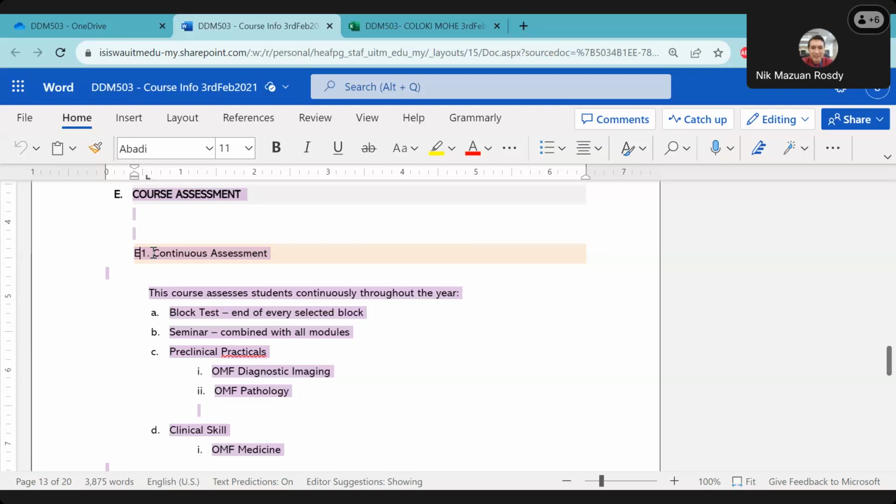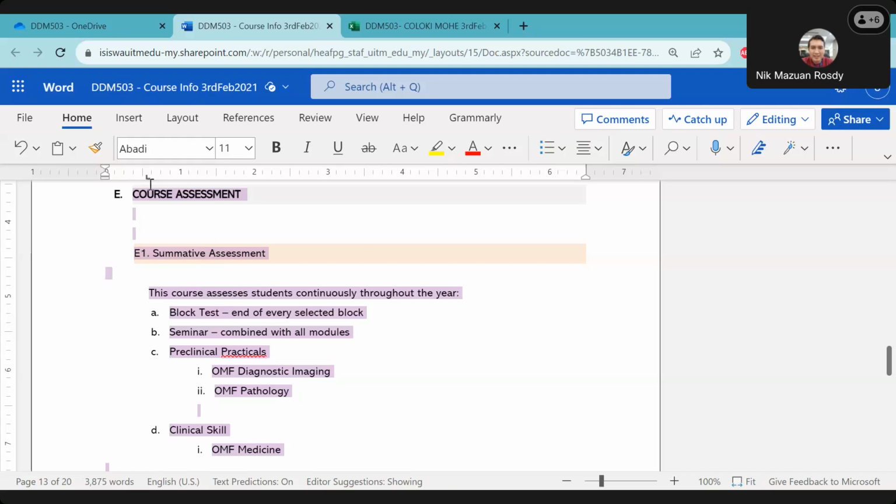For summative assessment, it's divided into two: continuous assessment and final examination. Mine is wrong too, so you must put summative. Afiq, I corrected a lot of your document. I put summative assessment. So summative assessment will have continuous and final.